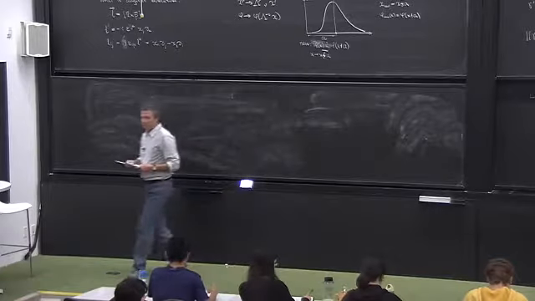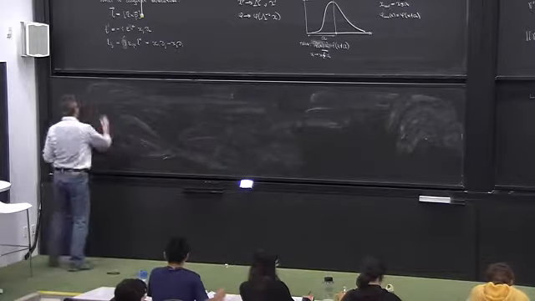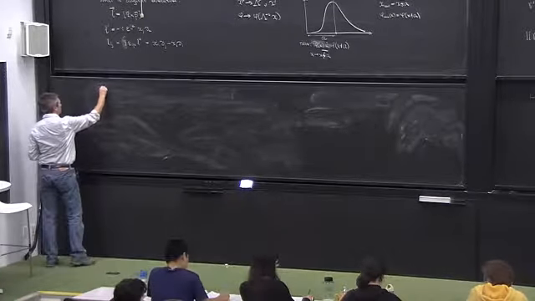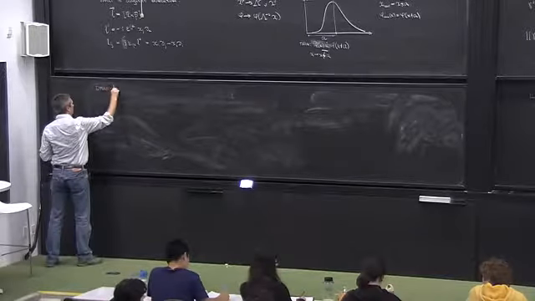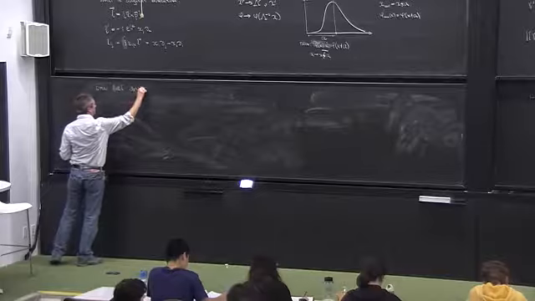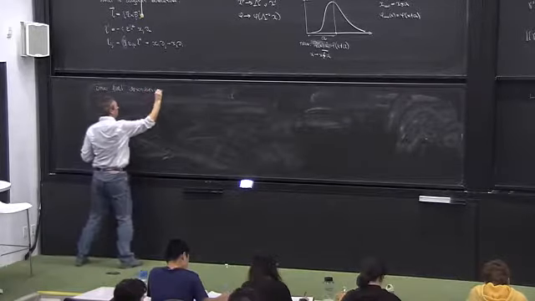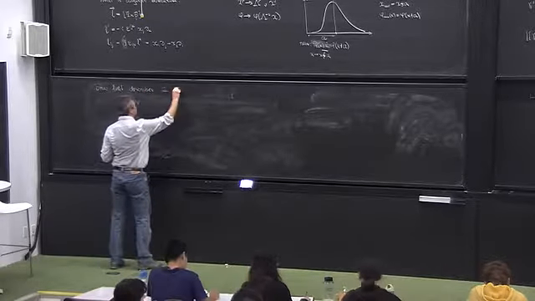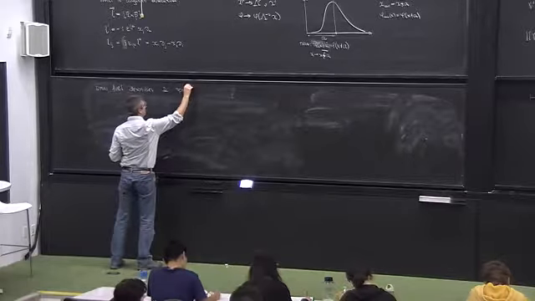So the conclusion we should draw from this calculation is that the Dirac field describes two spin 1/2 particles.